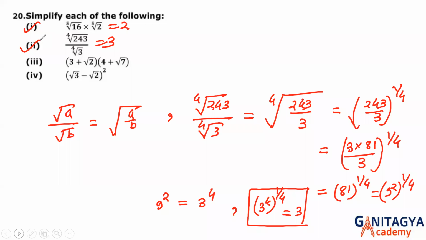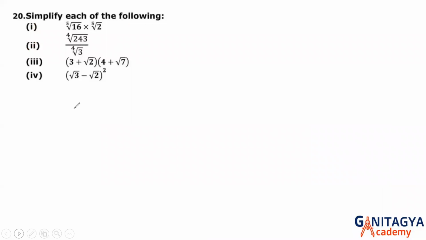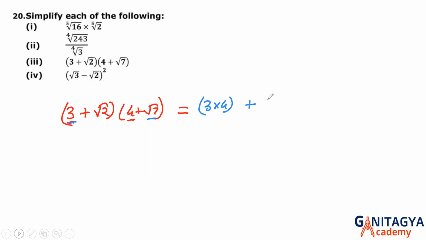So now we will move to question number 3, that is C. This is a very easy question: (3 + √2)(4 + √7). So you can write 3 into 4 plus 3 into √7, plus √2 into 4, that is 4√2, plus √2 into √7, that is √(2·7).